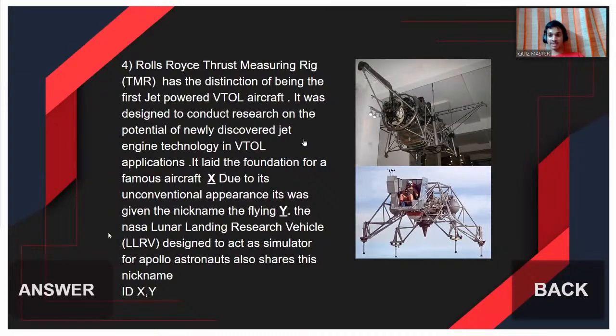Team 2 gets plus 5. And okay, team 5, do you have an aircraft for me? So there's a X and a Y. Team 5. Okay, so team 5 gets plus 5.